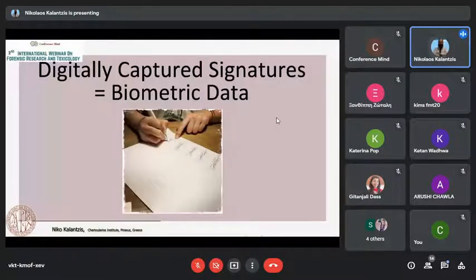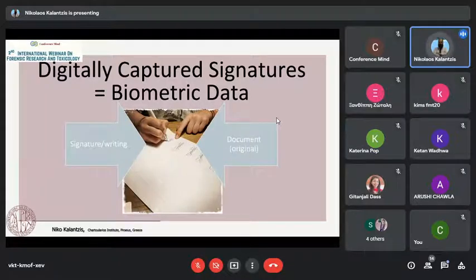That is the core of the digitally captured signature, and that is by definition the biometric data that we are accessing. We have to take into account the difference in the medium when compared to traditional pen and paper documents. In the pen and paper world, the document itself contains the signature or the handwriting that we are asked to examine.